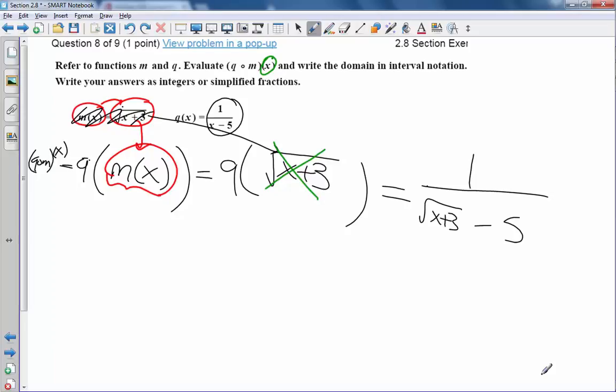Alright, here is the short story. Step 1, copy the formula of the middle function. I just did. This is just copying. Step 2, copy the formula of the second function. However, remove all x's out, take all x's out.